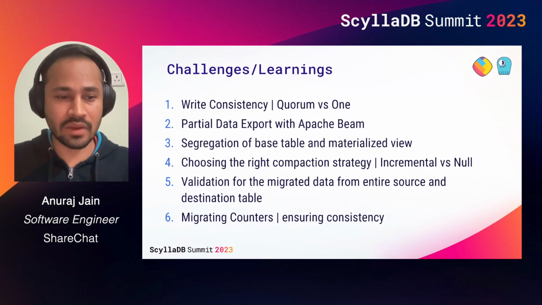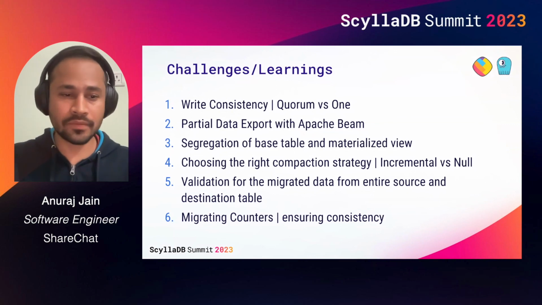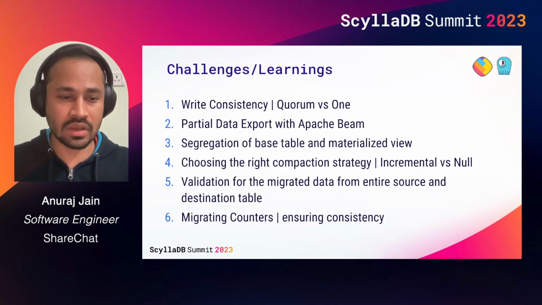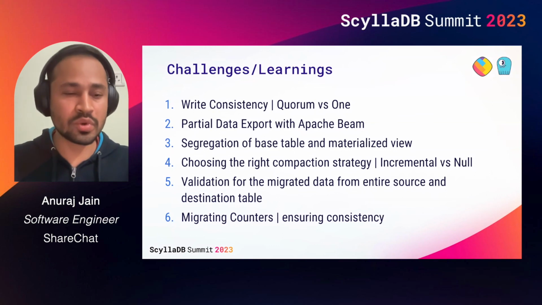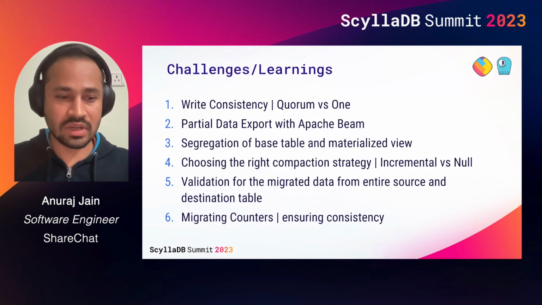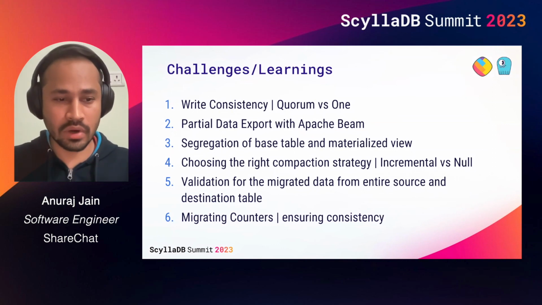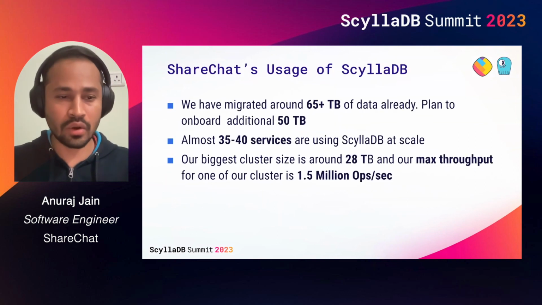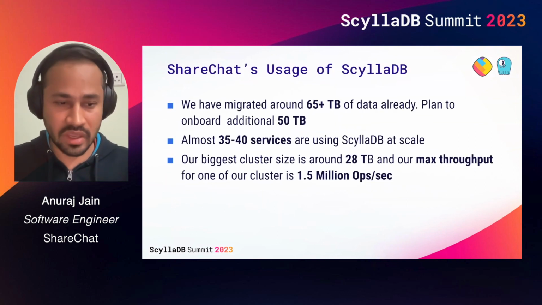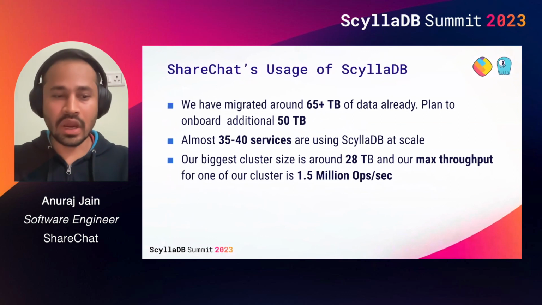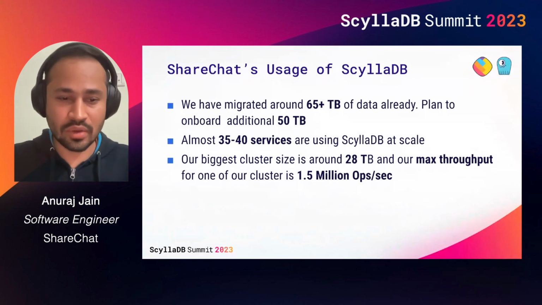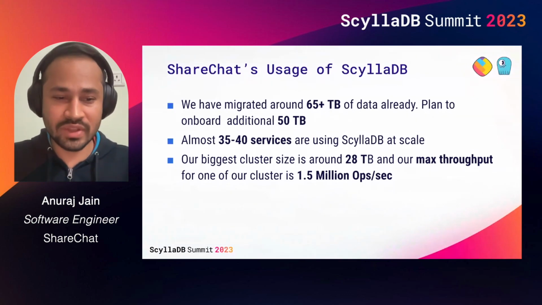For example, we might have taken keys of 3 months of data and stored them somewhere, and then compared those keys in the source and destination databases to make sure we have the data completely synced in both throughout the live migration process. The counters part is something I think Chinmay has already spoken about. So let's move on to the next slide.